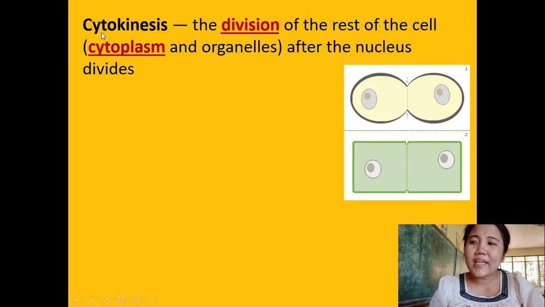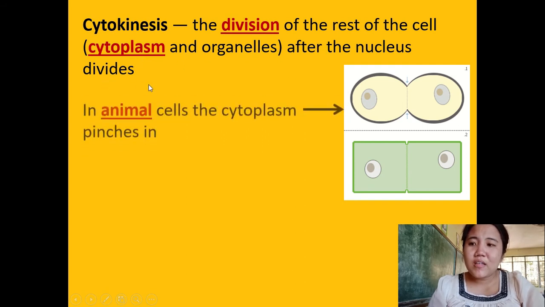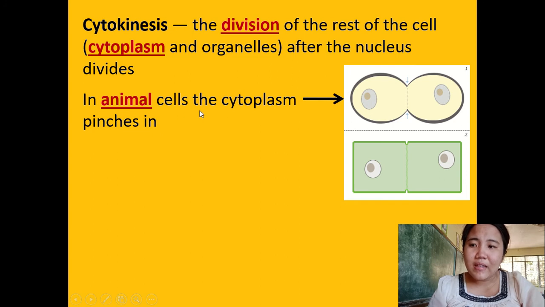Next is the cytokinesis. Cytokinesis is the division of the rest of the cell, the cytoplasm and organelles, after the nucleus divides. In the cell, the cytoplasm pinches in. So the division of the cytoplasm will start from the outside.